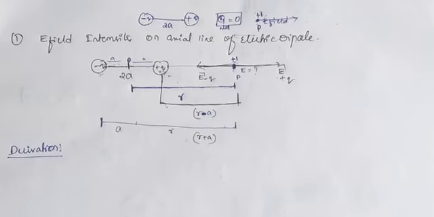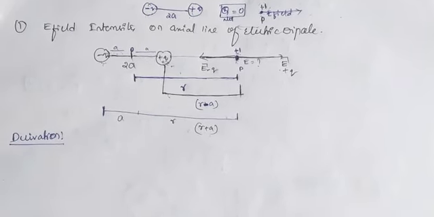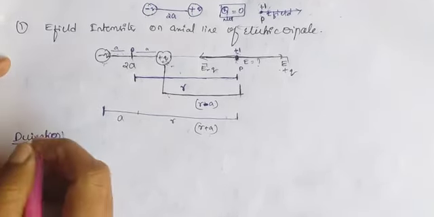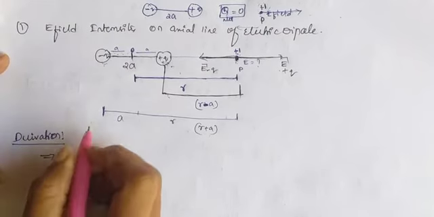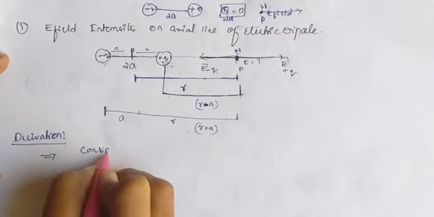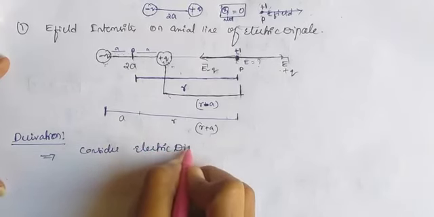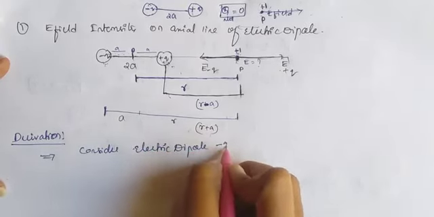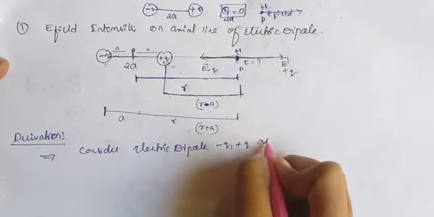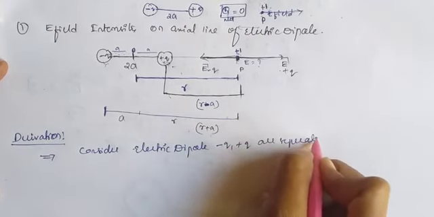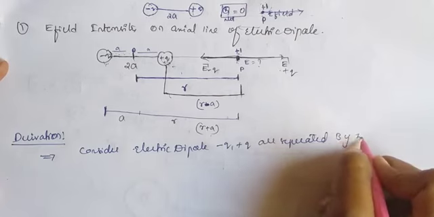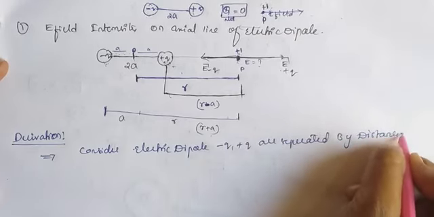So for the derivation part, see here, we have to consider an electric dipole. That is, minus Q and plus Q are separated by a distance of 2A.